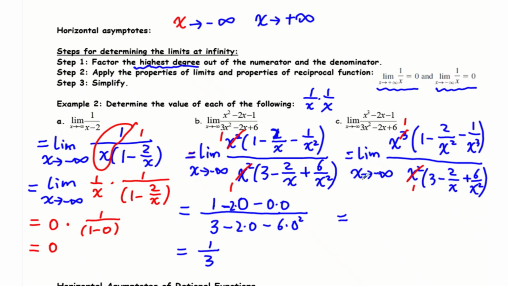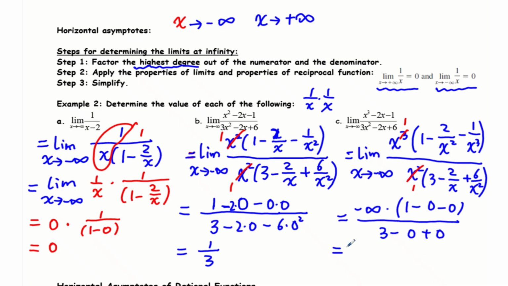So we substitute x approaches negative infinity. This x to the exponent 1 is negative infinity. Then in the numerator, 1 minus this one is 0, and this one is 0. All over 1 times 3 minus 2 over x, whose limit is 0, minus 6 over x squared, as x approaches infinity is 0.